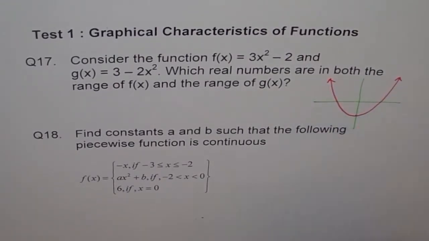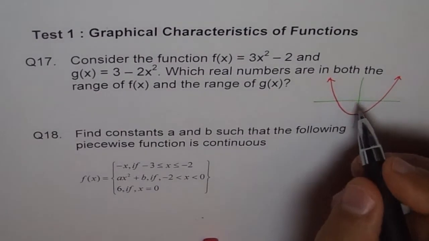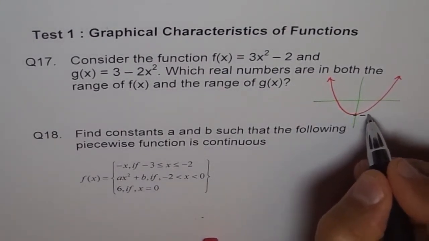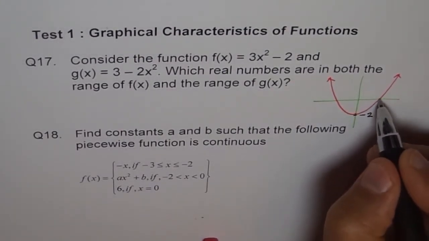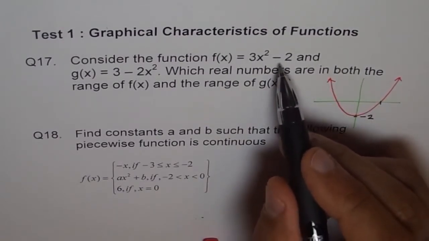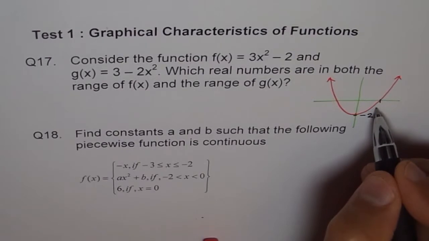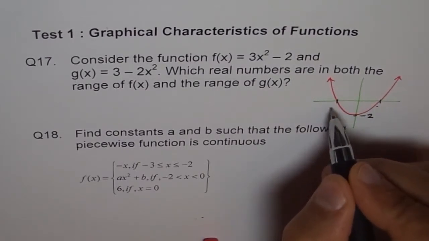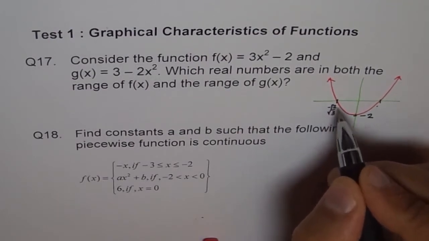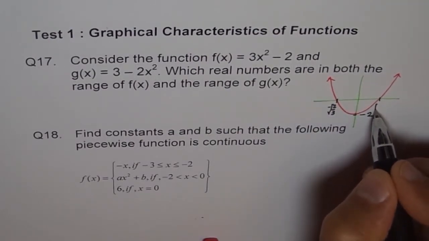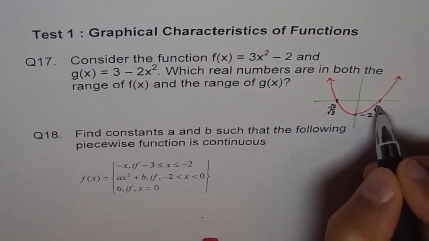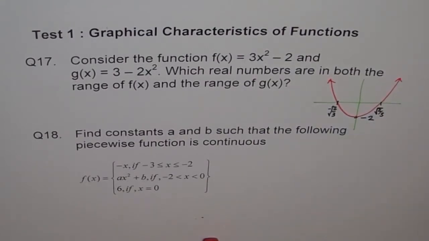And here we have this point as minus 2, correct? This point is square root of 2 over 3. Let me write here, minus square root of 2 over 3, and this is plus square root of 2 over 3. Okay, now the other function.